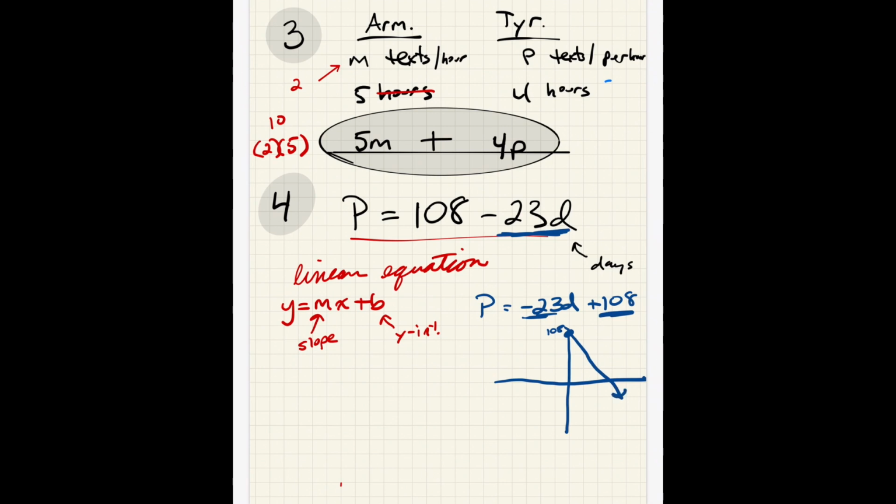Now, all they're asking for is what does the 108 represent? If we look at this graph here, guys, we basically see that the x value is 0. This point 0,108 means that the d would be 0. They're basically saying that when d is 0, y is 108, or p is 108.